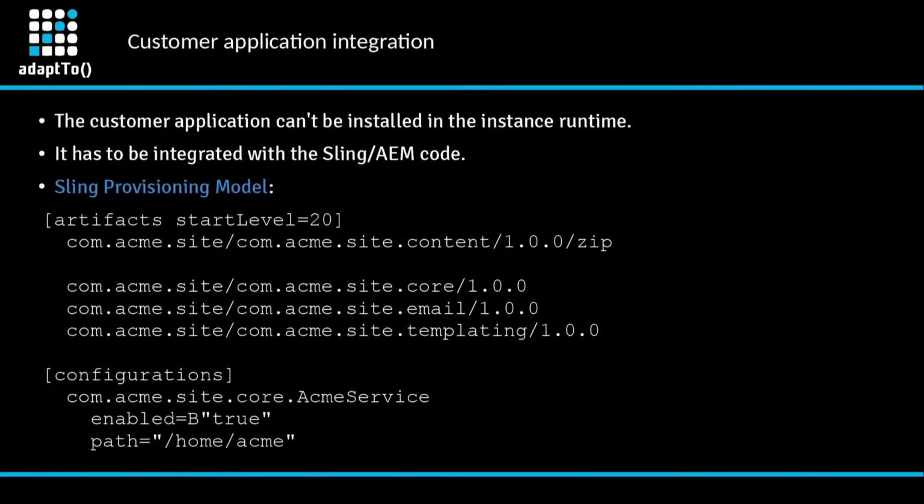And there is one more thing, but I promise you it is the last one of not so clear things in here. Since the apps and libs is a read-only area, we cannot really install any customer application when the composite-based AEM runs.